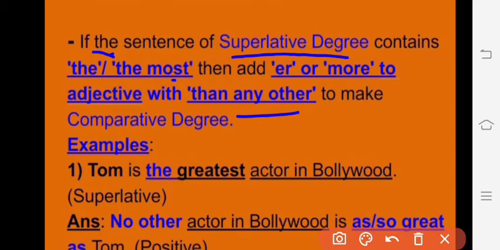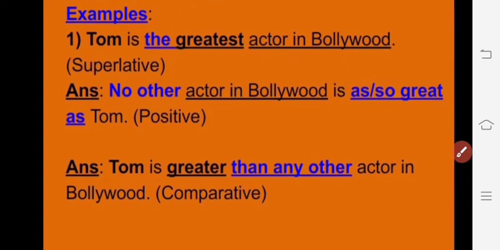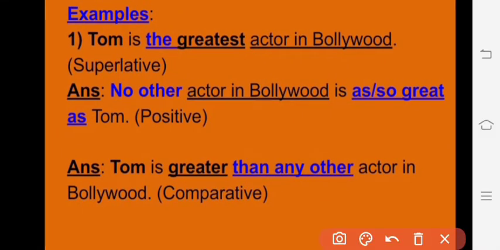Now we go for some examples so you can understand easily. Example first, Tom is the greatest actor in Bollywood. What is given over here? The. We are talking about the word the and the most. Tom is the greatest actor in Bollywood, it is superlative degree.